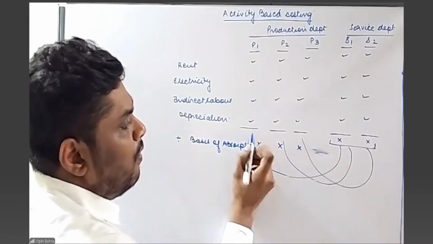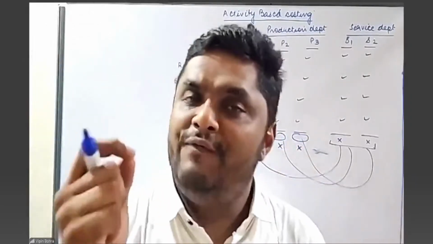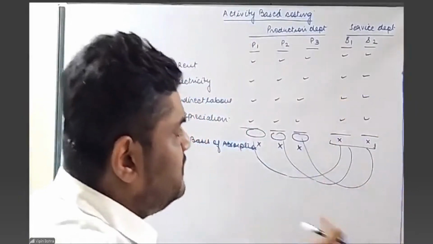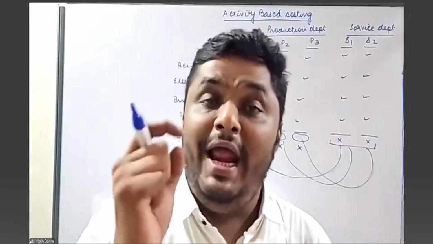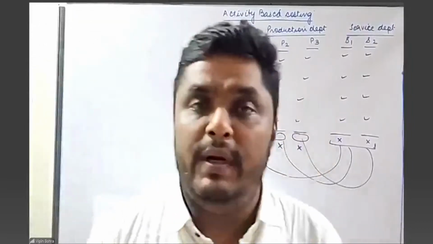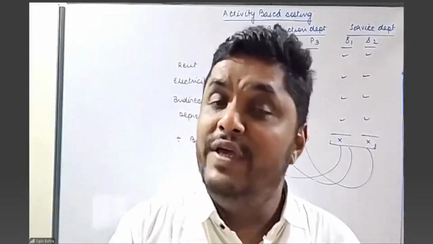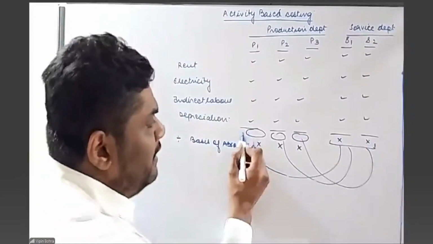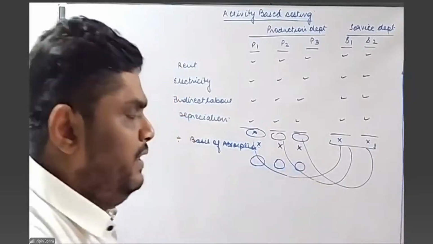So after secondary distribution, that is redistribution of overheads of service department to the production department, we used to calculate the total overhead. And once we have the total overheads of the various production departments, we used to calculate the absorption rate. How we used to calculate the absorption rate? We used to identify the basis of absorption, and the total overheads divided by basis of absorption, we used to get the absorption rate.